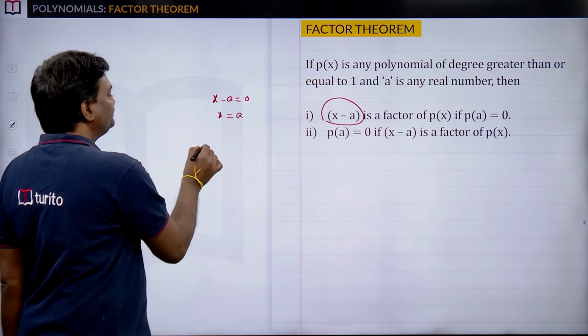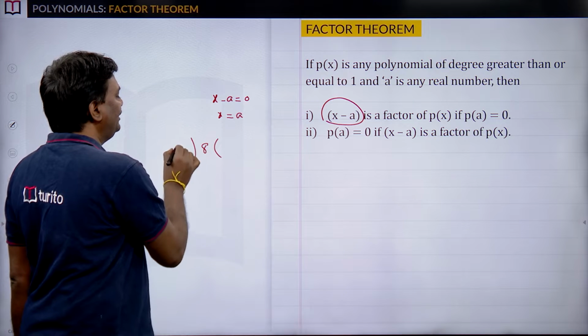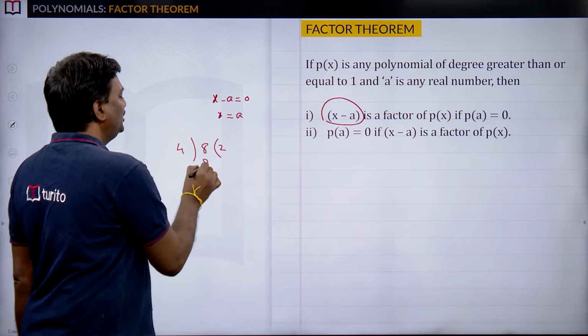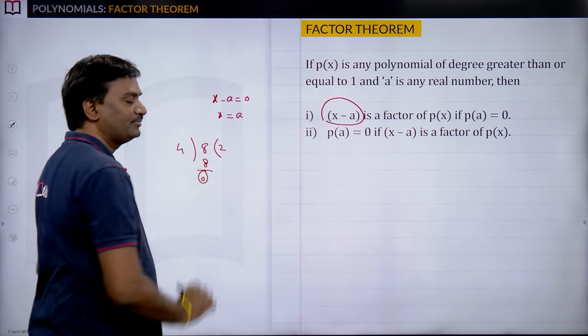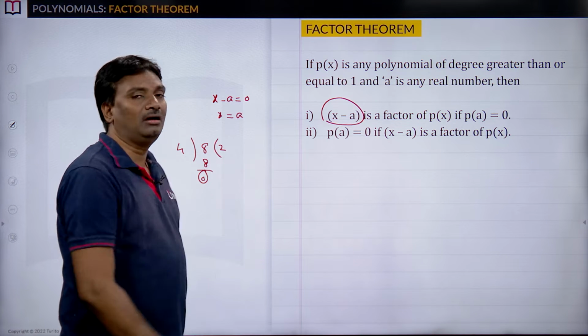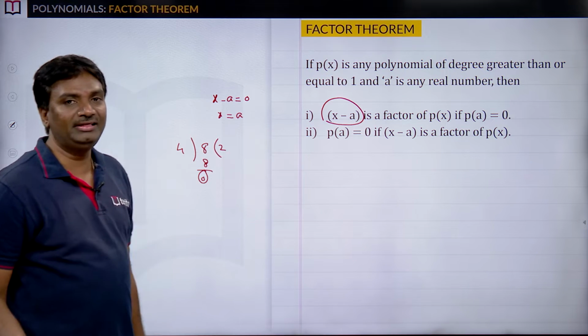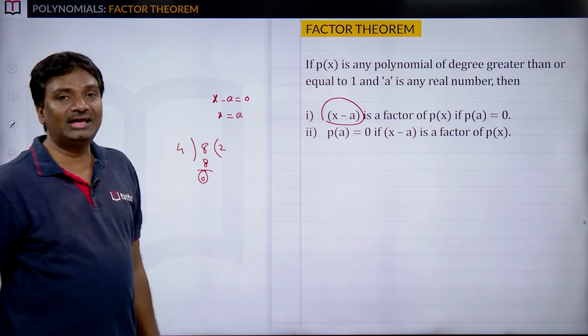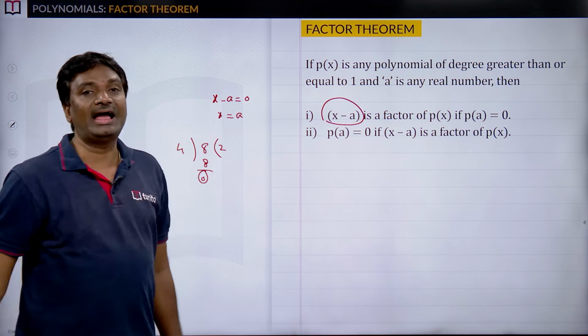For example, if we divide 8 by 4, 4 twos are 8, and the remainder is 0. In this case we can say 4 is a factor of 8, because by dividing 8 by 4 exactly, we get the remainder as 0.